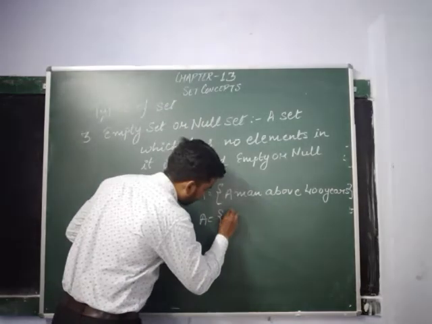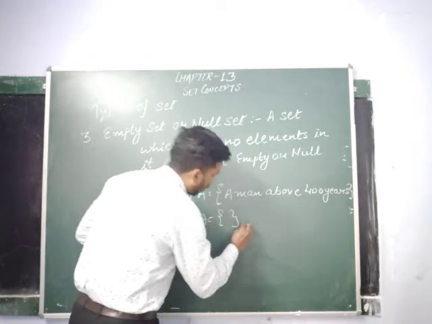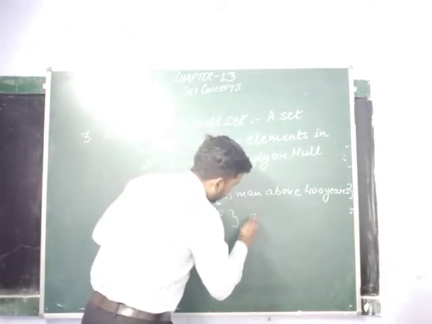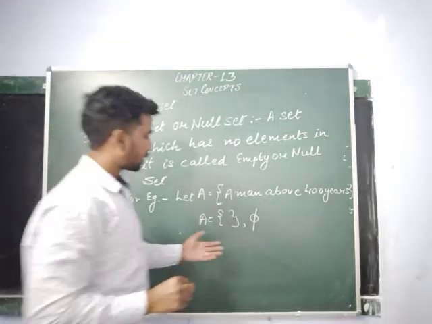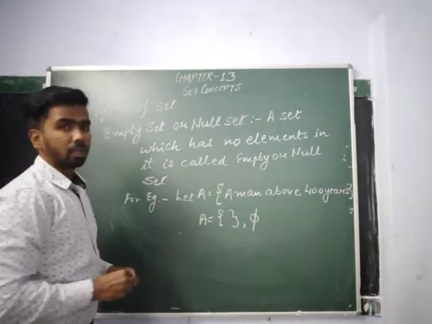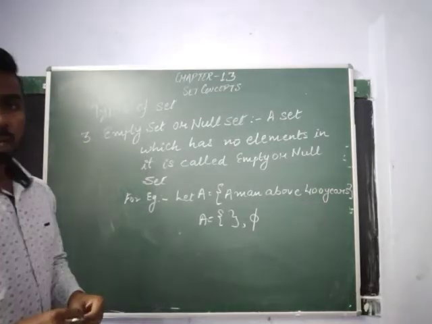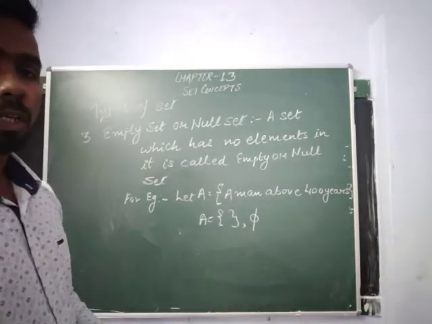That is why this is empty set and it is represented like this, or you have to represent a null set, so it is represented like this. So these are the symbol of representing a empty or a null set. Clear? Look at the board. Now we will move on to the next set.